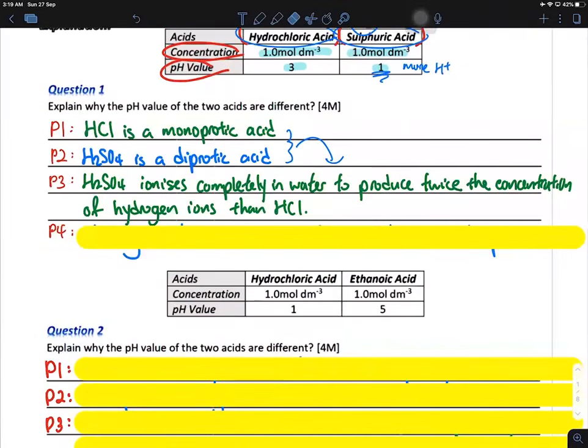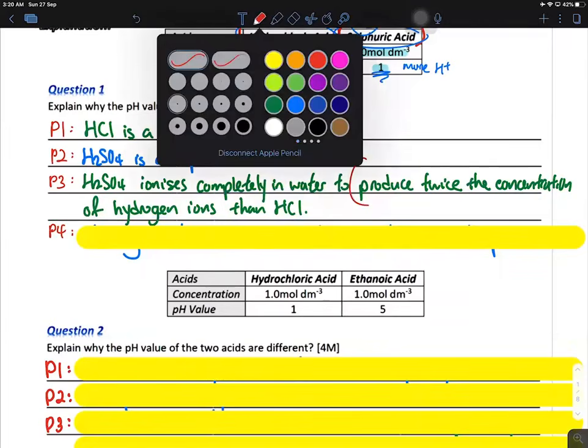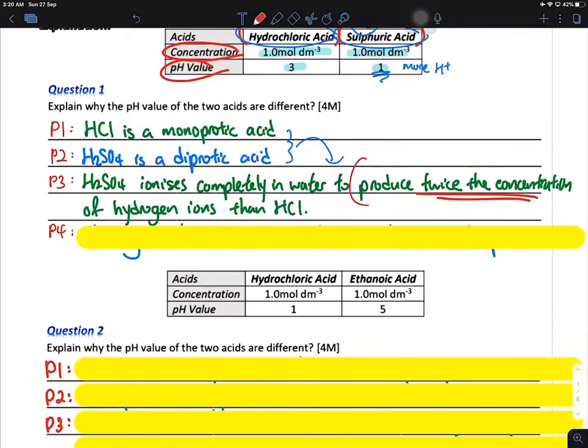H2SO4 ionizes completely in water and then produces twice the concentration of hydrogen ion than HCl. So the most important point here is produce twice the concentration of hydrogen ion.